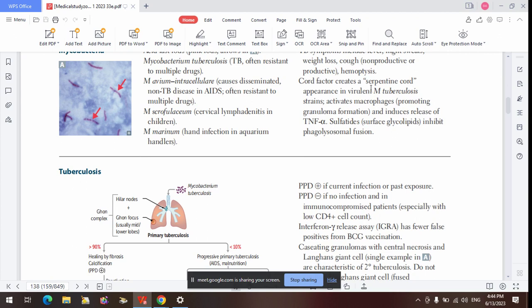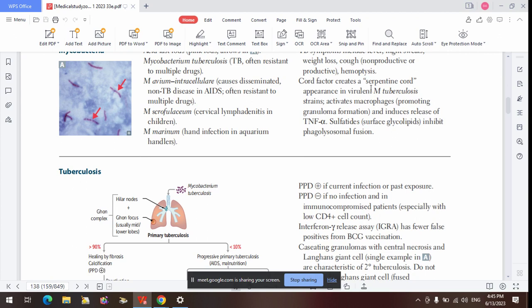So it's just like a protective way for confining the tuberculosis to a particular region so that it doesn't get announced to other parts of the immune system. So that's why they prefer to form those granulomas, and cord factor assists them in doing that. It also induces the release of TNF alpha, so it can assist with the granuloma formation by releasing that TNF.